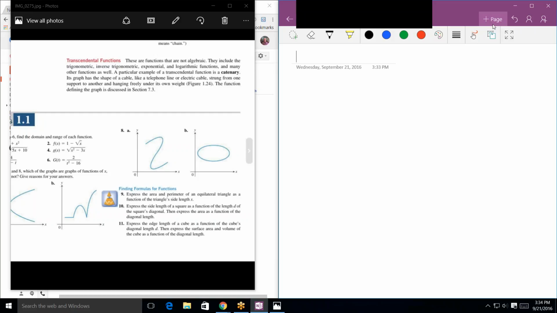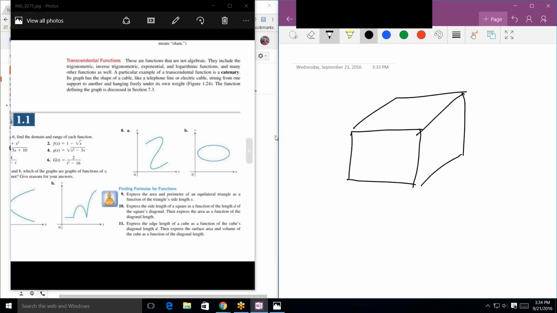Okay. Express the edge length of a cube as a function of the cube's diagonal length. Well, this is tougher still. Express the side length of a cube, we'll call it x, as a function of the length of the square's diagonal.